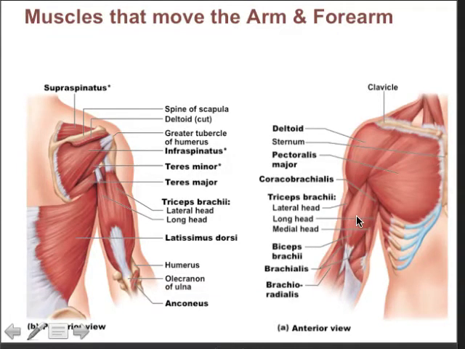Both of these are elbow flexors, and of course on the backside we already saw the triceps brachii. And then there's another muscle called the brachioradialis that runs from the humerus and inserts onto the radius. And it is involved in elbow flexion, but it also is involved in the lateral rotation of the forearm.